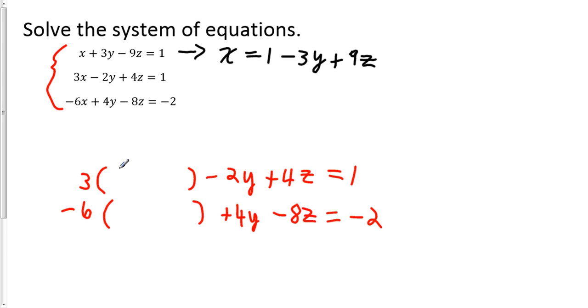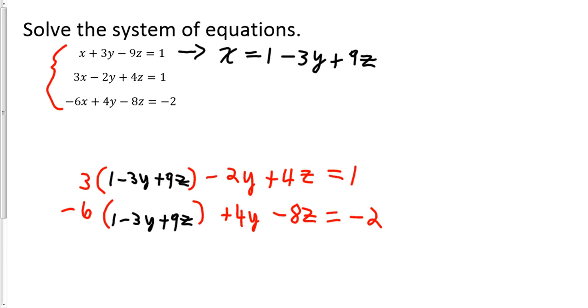The x that I'm plugging in here is actually going to be 1 minus 3y plus 9z. And I'm also plugging x in here, 1 minus 3y plus 9z, because that's the expression we got for x when we solved it in the top equation. So I solved the top equation for x, and I plugged that expression that I got for x in the bottom two equations, giving me a new system of equations.